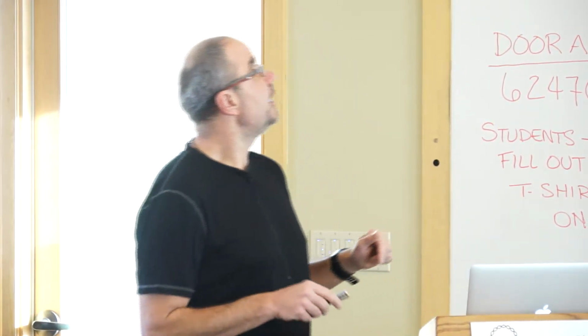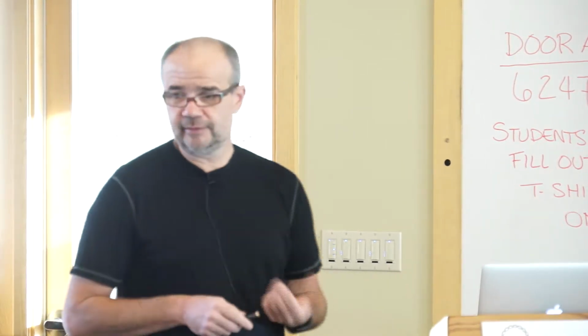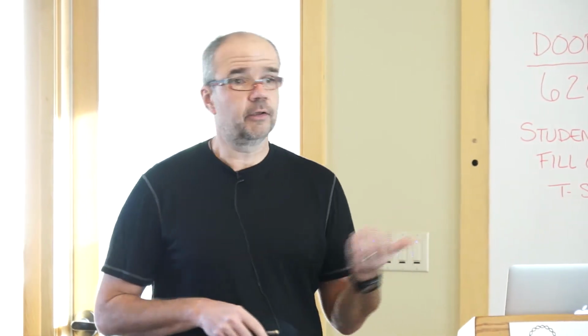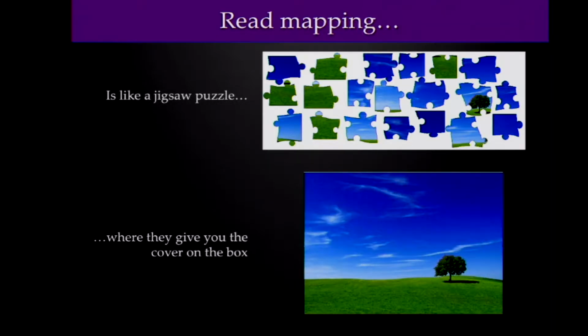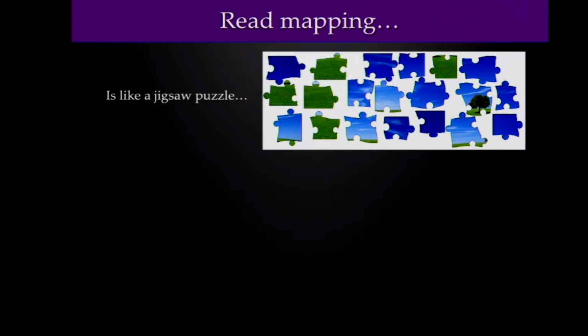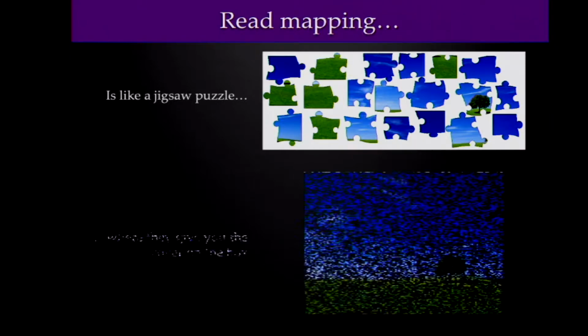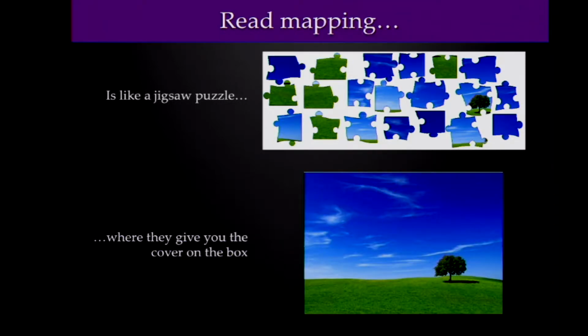In some ways, read mapping is very similar to doing a jigsaw puzzle, which I'm sure many of you have done, especially around Christmas time. It's a good time to do it. The idea is that you have all these pieces, and you have to put together a picture. Now, before there was a reference sequence, that's all you had. But with the reference sequence, they give you a box.